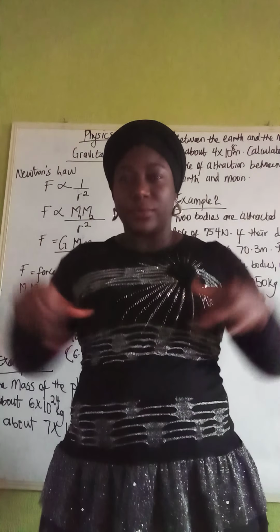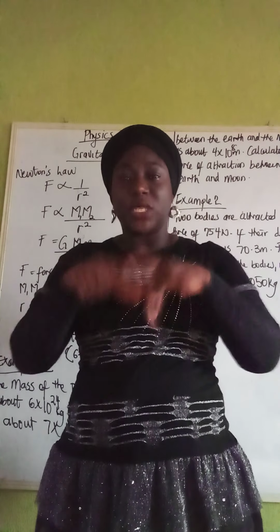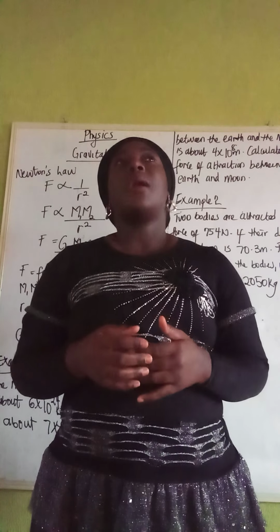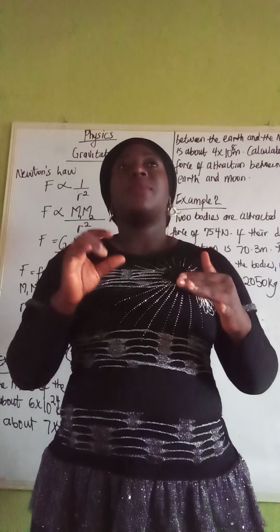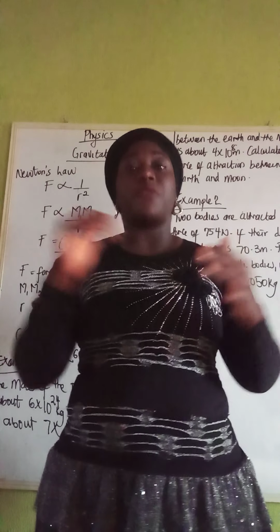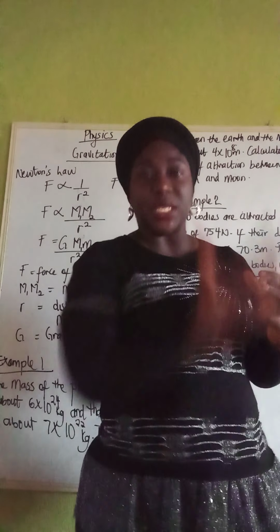So that region where gravitational force is felt is called a gravitational field. The experiment was actually carried out by Newton, and he made us realize that these forces are forces of attraction, because if there is no force of attraction, there can't be a pull.